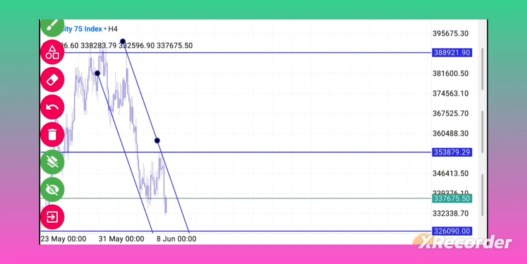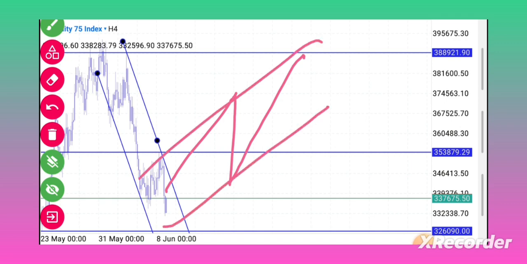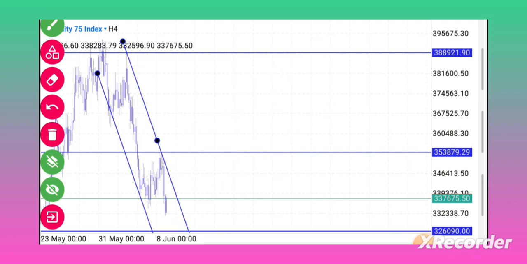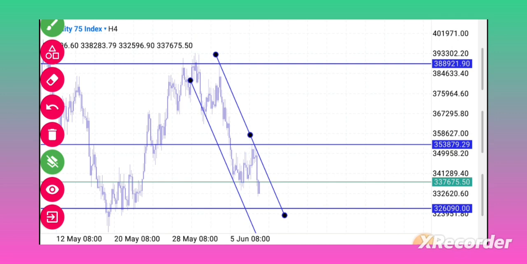When the market is doing higher high, higher low, higher high, what are we looking for? We're looking to catch a reversal. Which means if the market is in an uptrend, we are waiting for the market to form that kind of pattern so that we can catch a reversal. For example, right now you can see the market is dropping down.